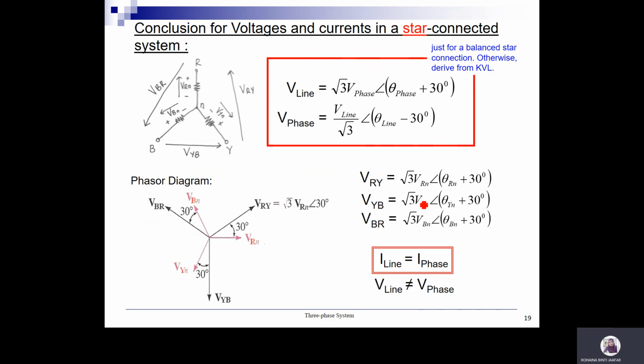So VRY is root 3 VRN at the red phase, VYB at the yellow phase, and VBR at the blue phase. This is the formula for the star connected system. And remember, for the star connected system, I line is equal to I phase.